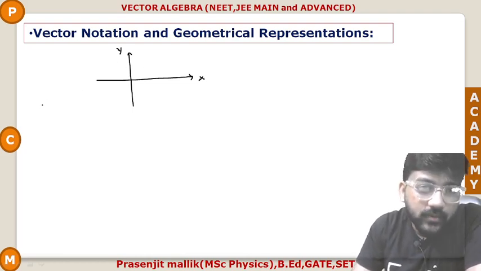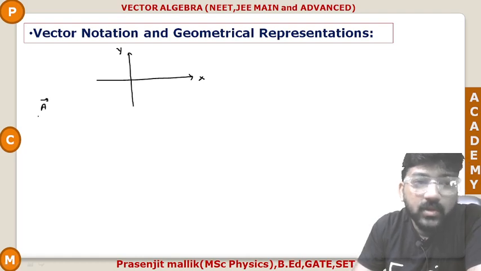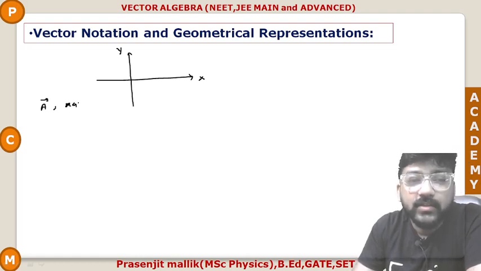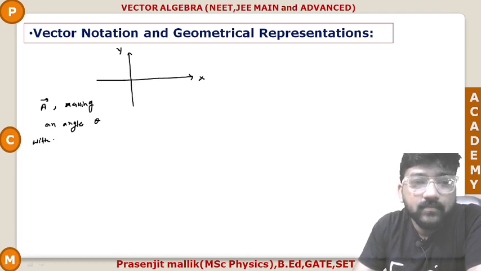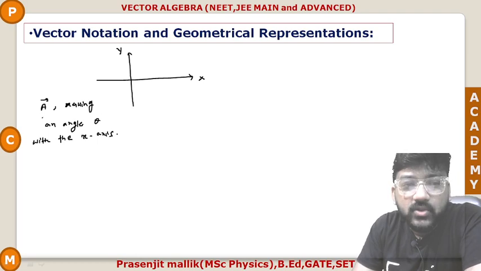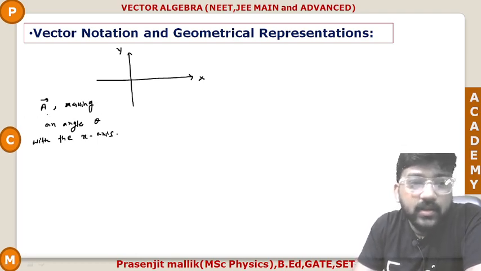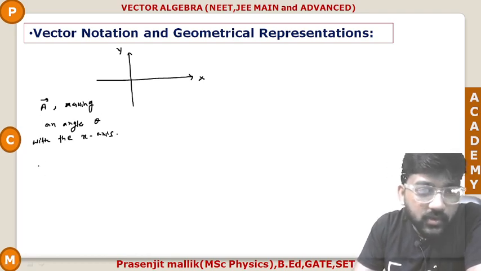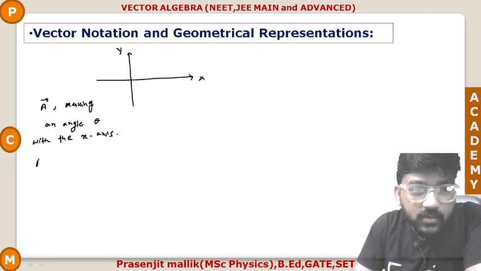Now if you want to denote a vector a, which is making an angle theta with the x-axis, how can we represent it? We have to draw a line. The length of the line is equal to the magnitude of a, which we denote by mod a, or simply a.